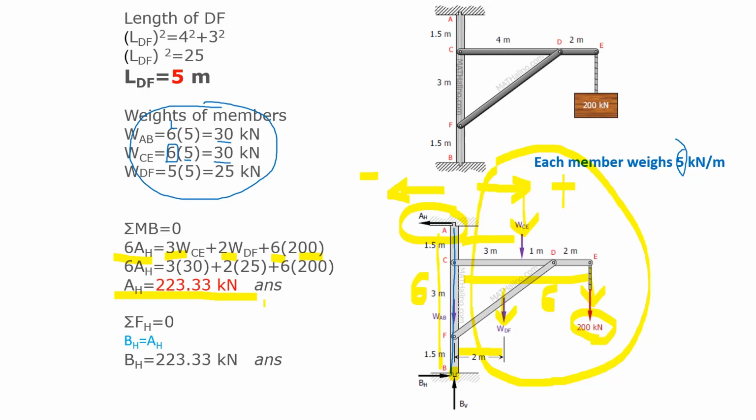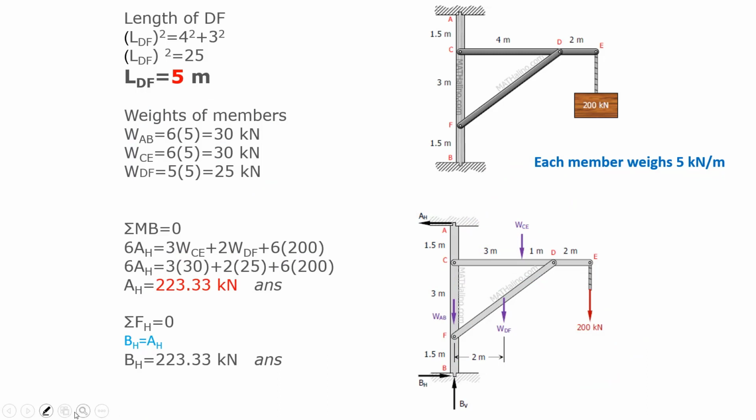And then we have to calculate BH. BH is here. From the equilibrium formula, BH is equal to AH. B horizontal is equal to A horizontal.